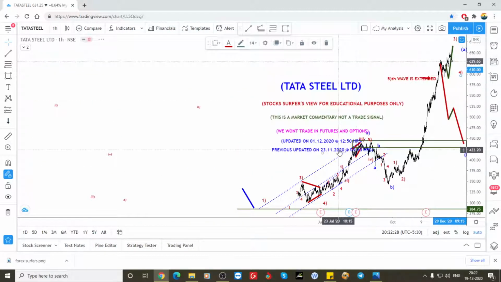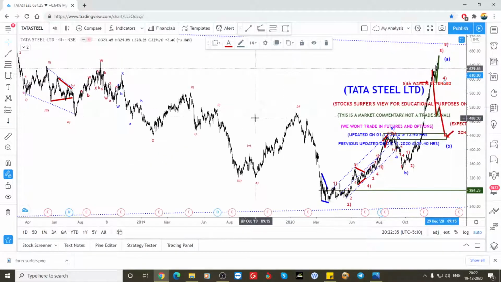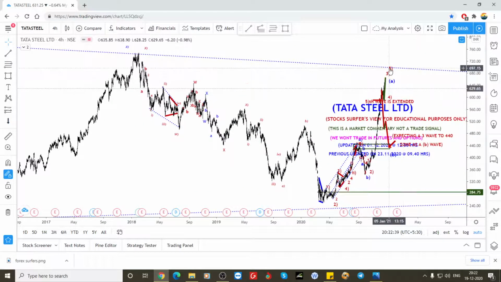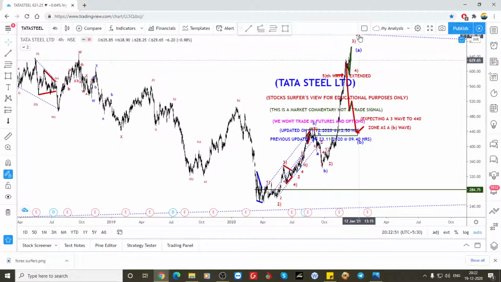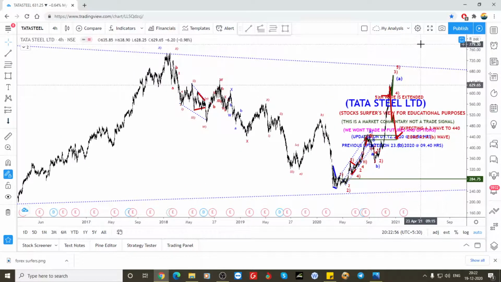So this is the C wave, A, B, and C. So it is going to retest this 700 zone, but before that we need one more three-wave structure. After that, if it is very bullish, this will convert into 1, 2 and 3, 4, and then it can shoot for the fifth also.